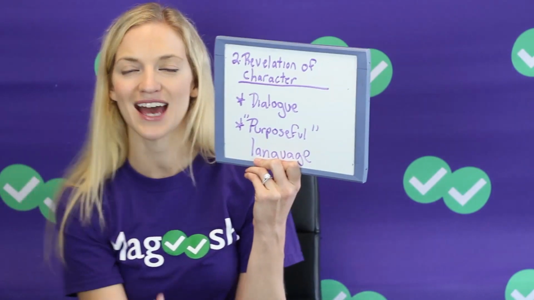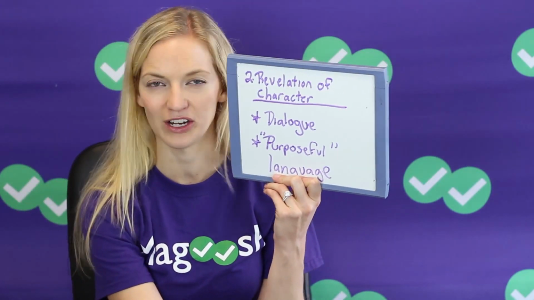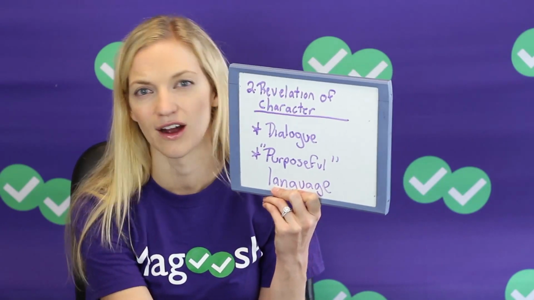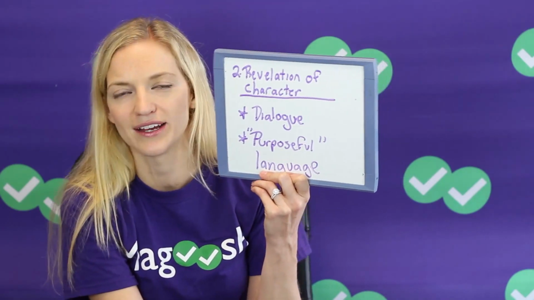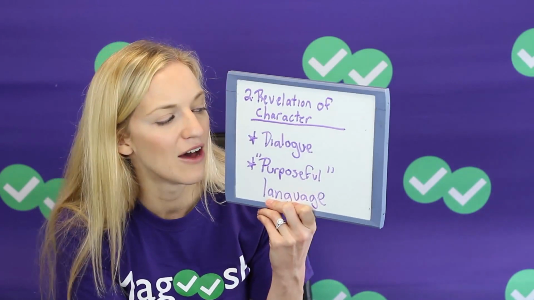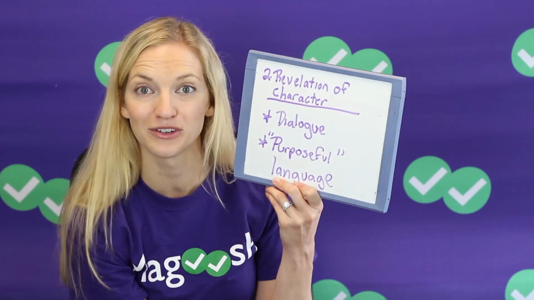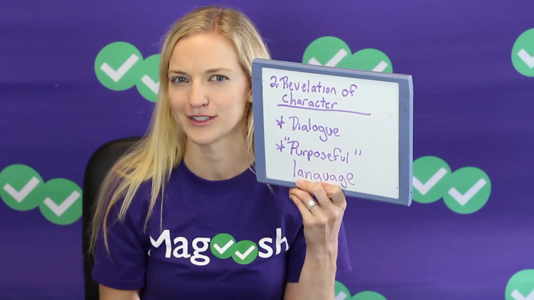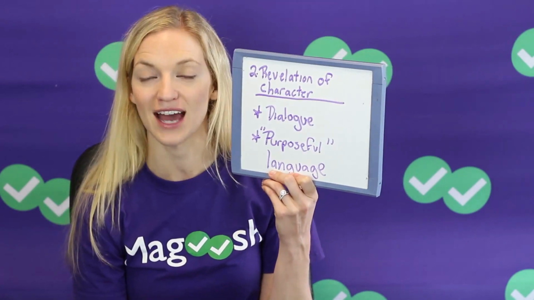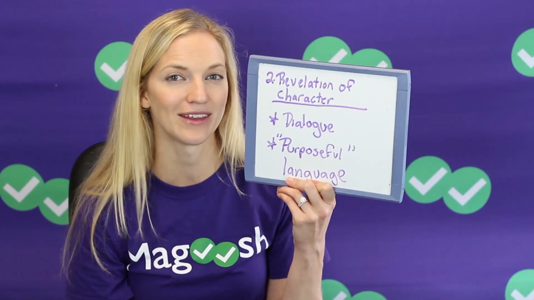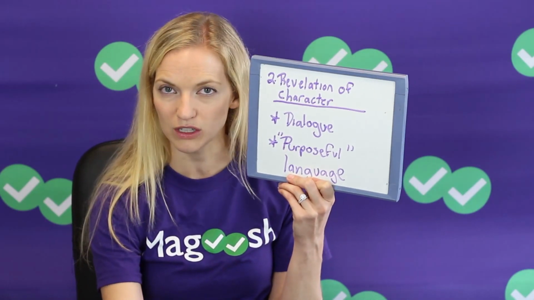All right, the second thing is revelation of character. This basically means how an author or a narrator tells you what a character is all about and what type of person they are. Are they timid? Are they wise? Are they naive? Now, there are a couple of things to help you focus on to really pinpoint what the character is all about. The first thing is dialogue. This is one of the ACT's favorite things to test, how an author uses dialogue to reveal character.